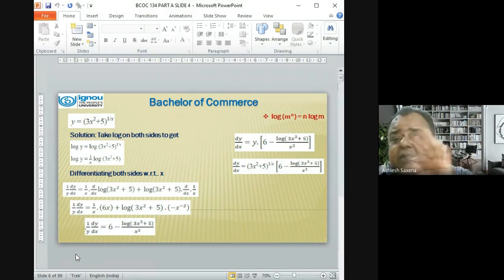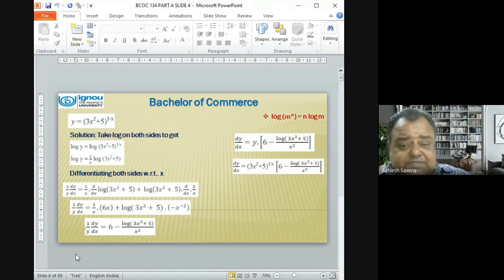Anything which is in the power will come in front. So it will become log y is equal to 1 by x times log (3x square plus 5). Here you see it is in the division form. Log (3x square plus 5) is in the numerator and in the denominator we have x.